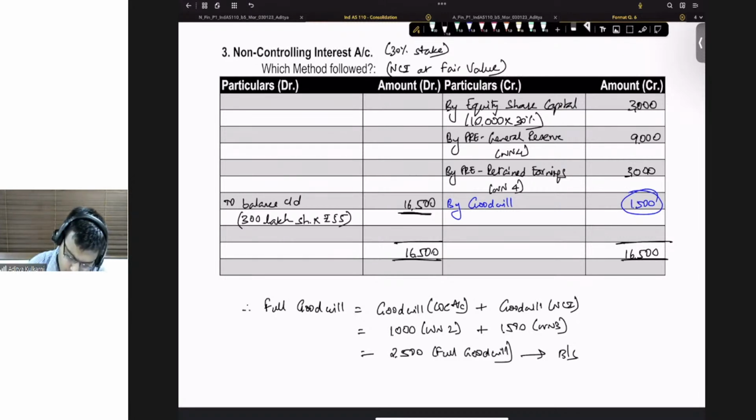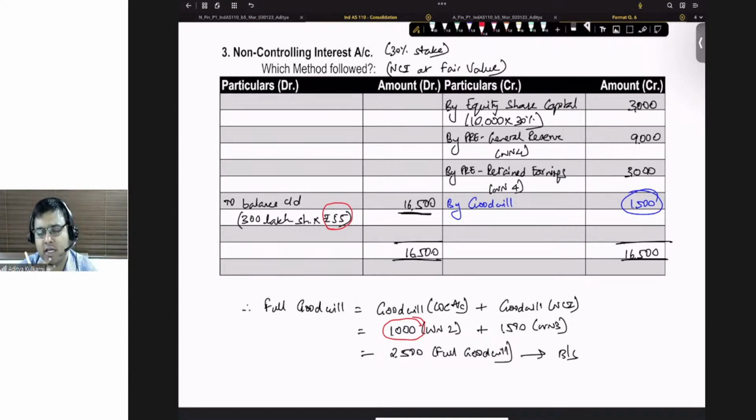Goodwill would appear only at 1000 and NCI would appear at 15,000. Is it okay? So this data, if this was missing, we would have to do NCI at proportionate share of net assets. So net assets would be 50,000 into 30%.